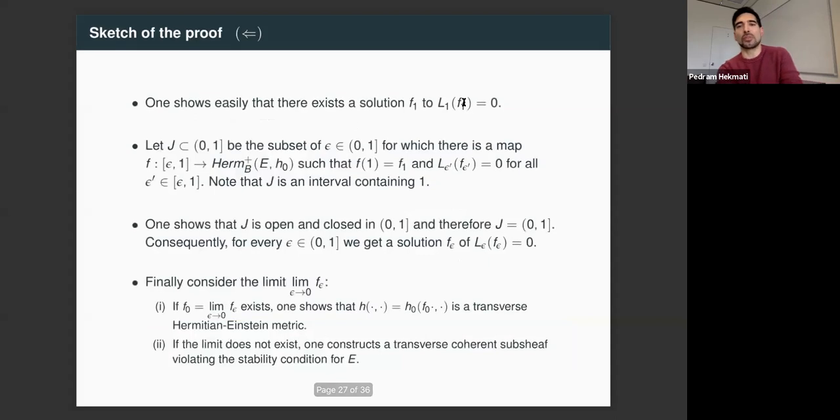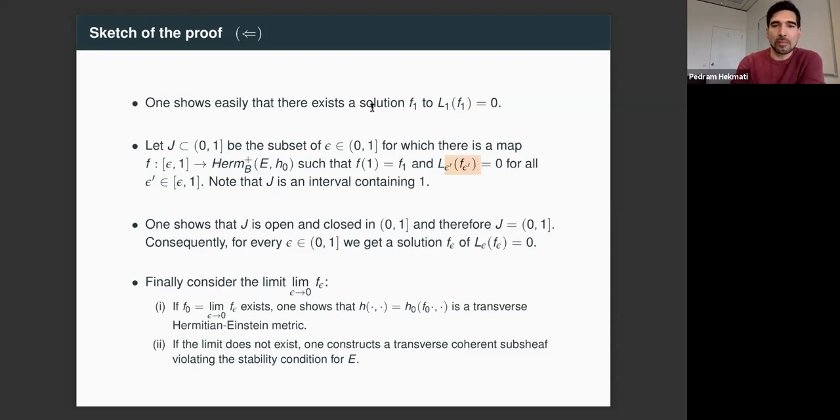We construct a solution for epsilon equals 1. This is quite straightforward to do. Just by rescaling the metric, you get a solution. And then we want to look at the subset J of all real numbers epsilon for which there exists a solution to the equation, L epsilon prime, F epsilon prime.